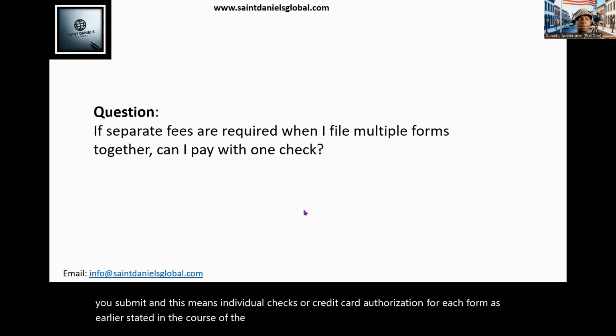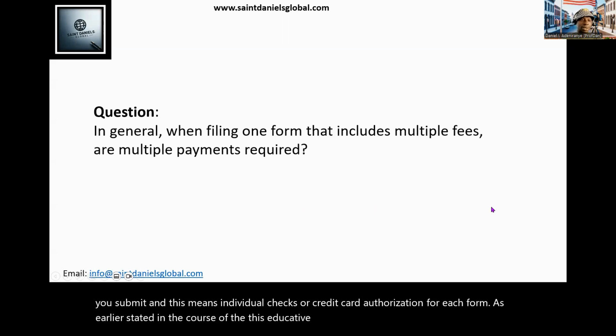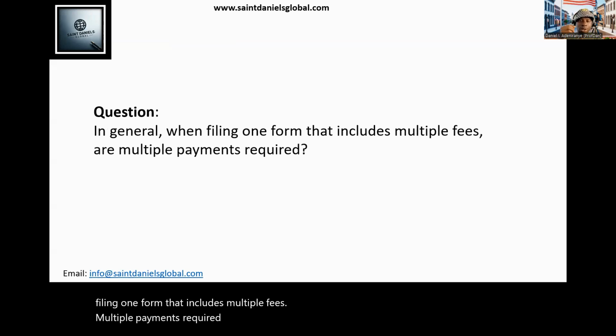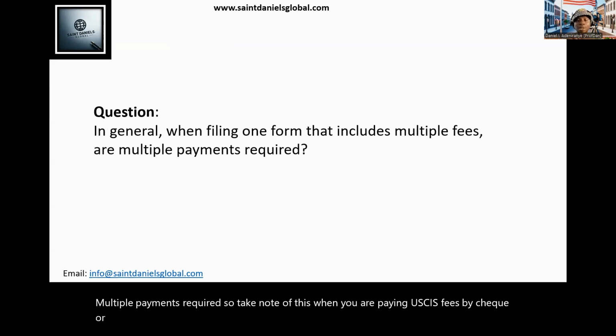Another question says, in general, when filing one form that includes multiple fees, are multiple payments required? So take note of this. When you are paying USCIS fees by check or money order, USCIS recommends that you submit each payment separately.